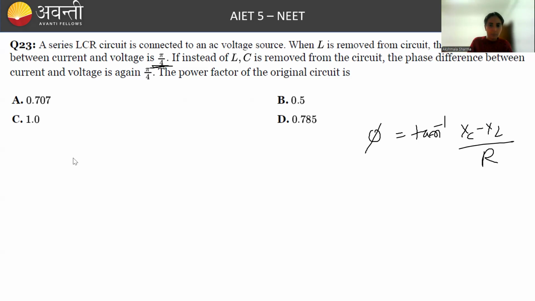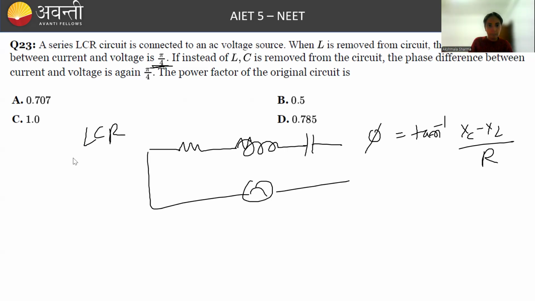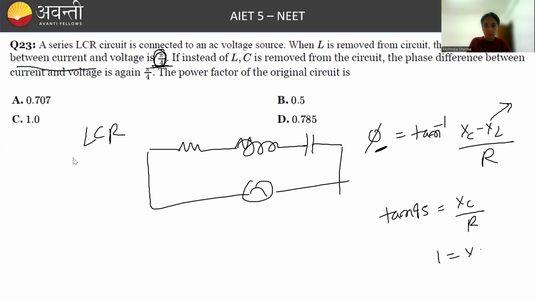So when L is removed from the circuit, there is an LCR circuit, it means there is R, there is L, and there is C. When L is removed, the phase difference between current and voltage is pi by 4. So if we make XL 0, phi becomes 45 degrees. So tan 45 is equal to XC by R, so 1 is equal to XC by R.